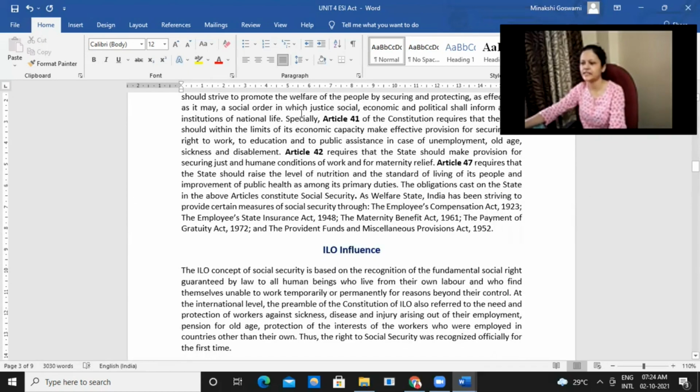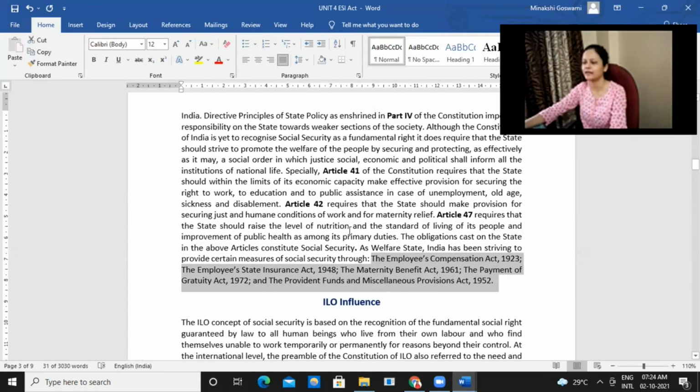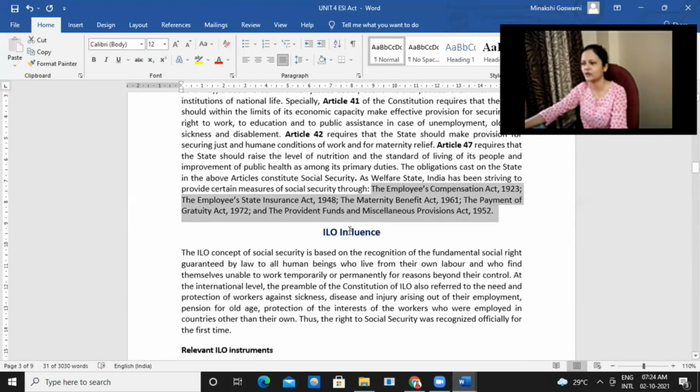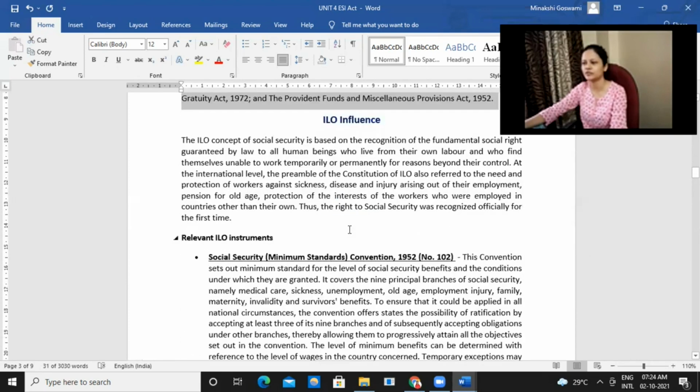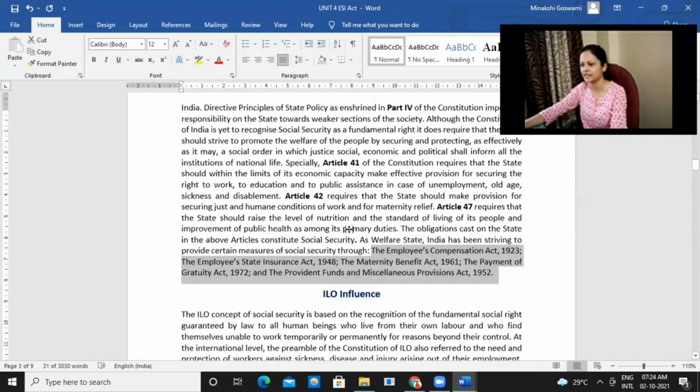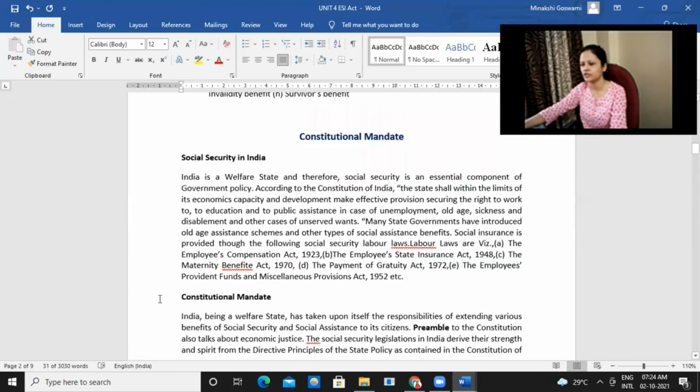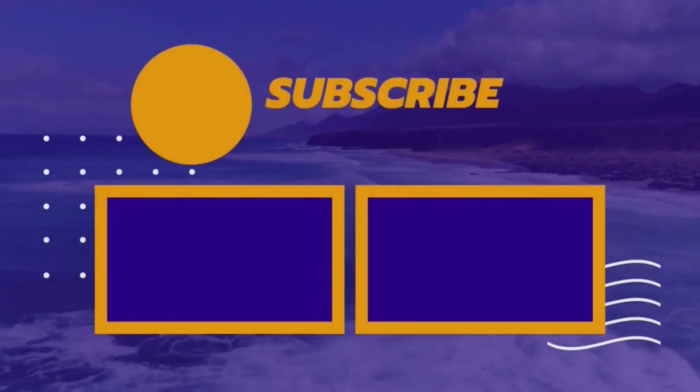As a result, in order to give effect to all these provisions, we have legislations like the Employees Compensation Act, ESI Act, Maternity Benefit, Payment of Gratuity, Provident Fund and Miscellaneous Provisions Act. We have legislations like the Payment of Bonus Act, Equal Pay for Equal Work. All these provisions we have under these obligations. So this is a constitutional mandate. Okay, constitutional mandate.